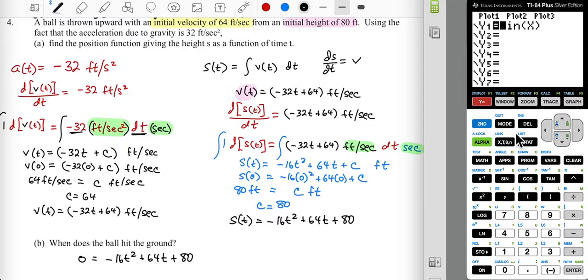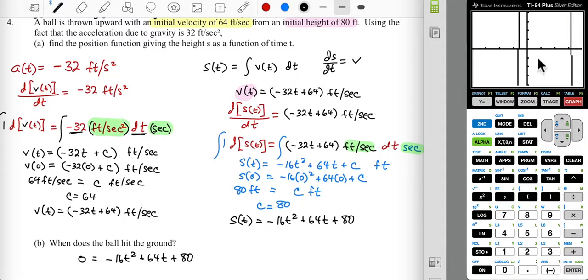So y equals, pop in your function negative 16x squared plus 64x plus 80, and just take a look at the picture. I mean, start off with that. It looks like maybe not the cleanest intersection. It's hard to tell though.